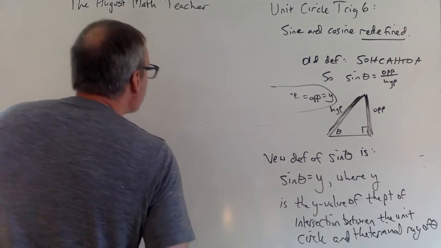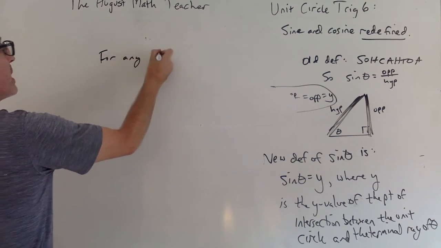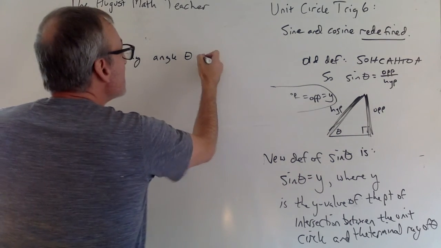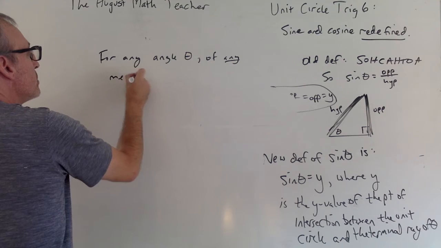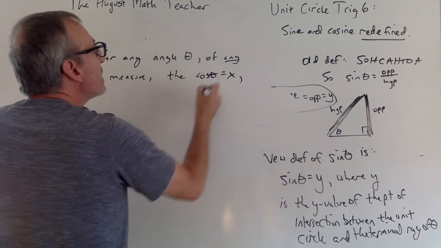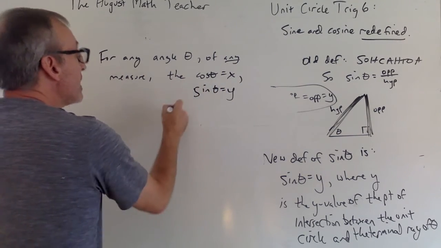Notice that this means that for any angle theta, any angle of any measure, the cosine of theta is equal to the x value, and the sine of theta is equal to the y value in this diagram.